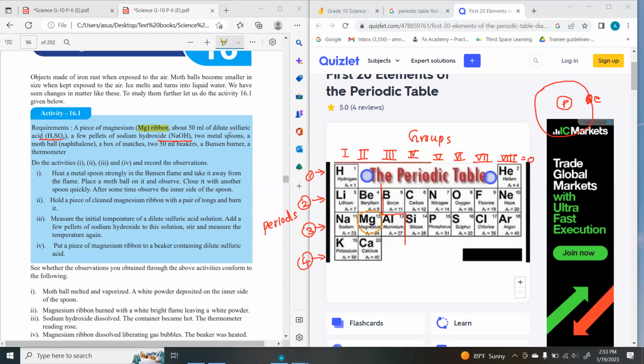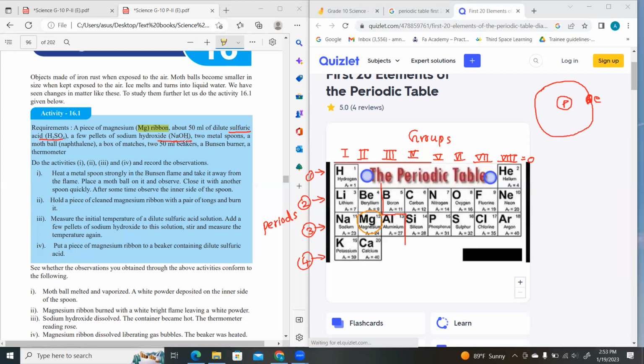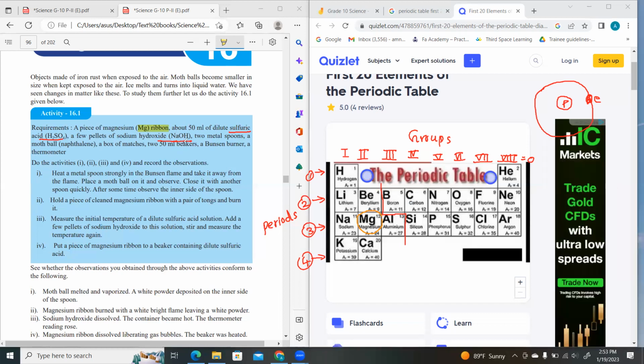So H2SO4 is an acid, and this is a base. What they're trying to check is whether magnesium is reacting or not. Do the activities 1, 2, 3, 4 and record the observations, they are asking.